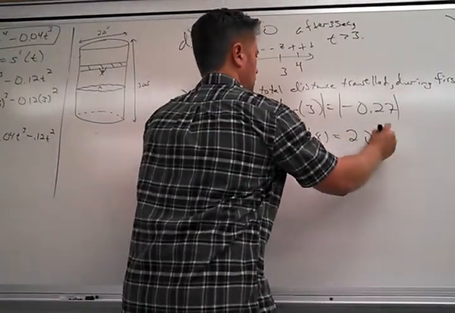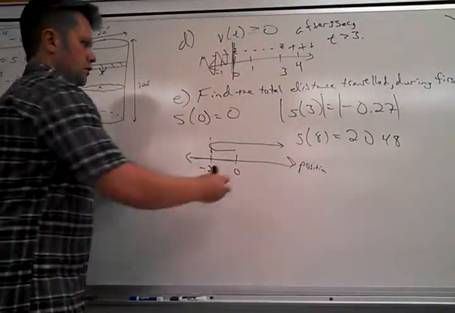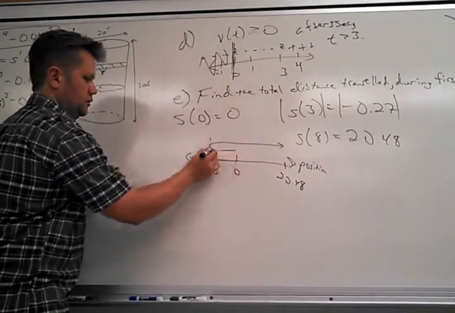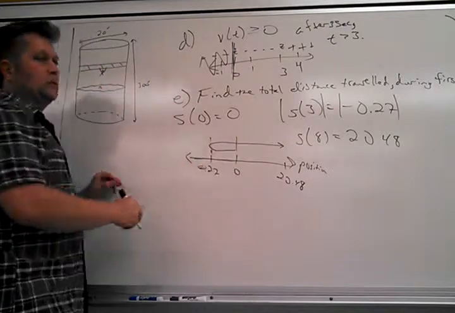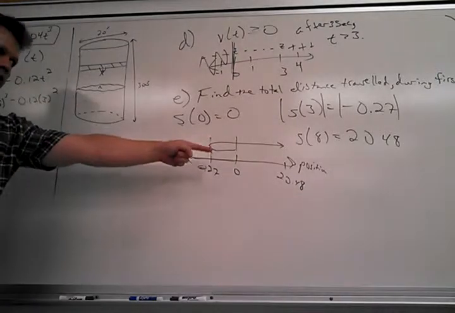20.48? So I'm at 20.48, so you just take negative 0.27, add it to 0.27. That gets me back to 0. Is that cool? Then you add that to 20.48.